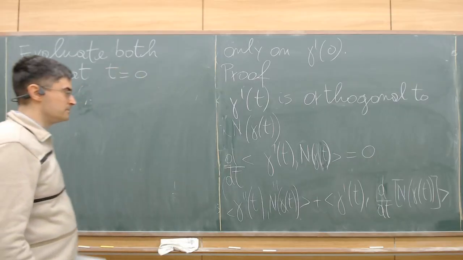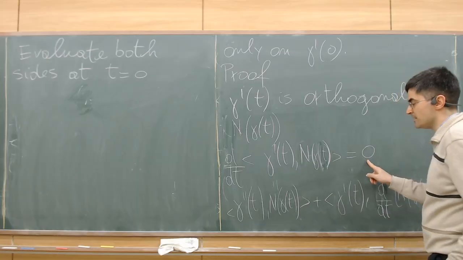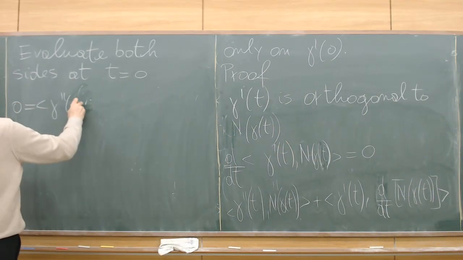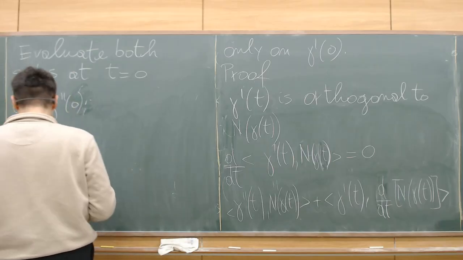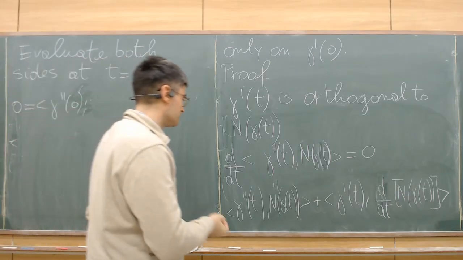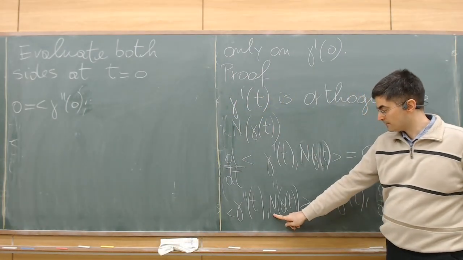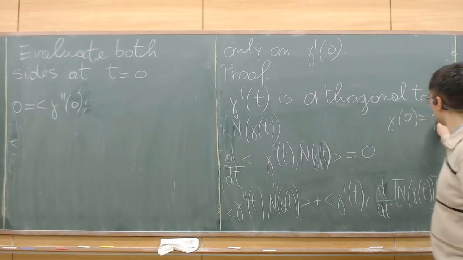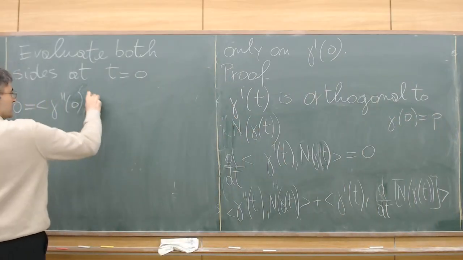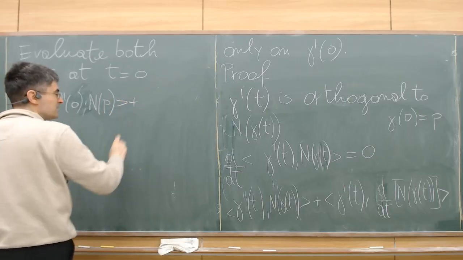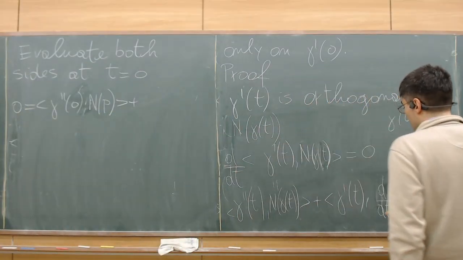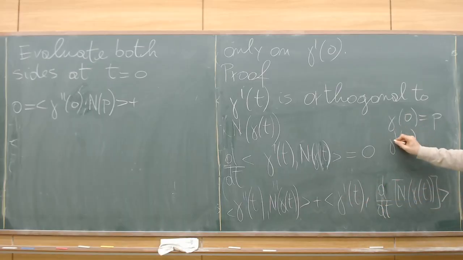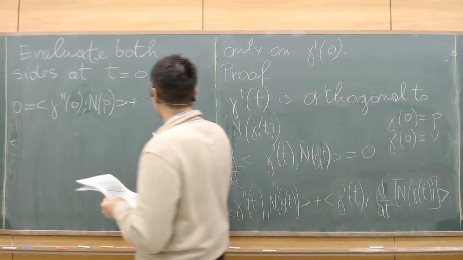We get that 0 is equal to gamma second at 0 multiplied by n evaluated at gamma(0), but gamma(0) is p. So I can write just n at p, plus the product of gamma prime at 0, but gamma prime at 0 is v, so I can write v.